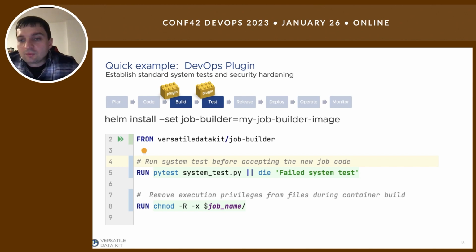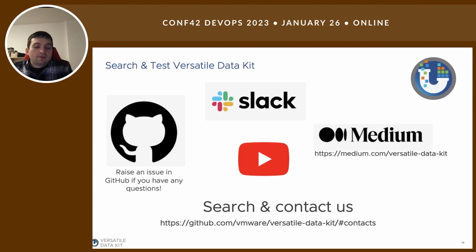Or we want to make sure that no job can execute arbitrary files, so we remove all execution privileges. And that's very easy. It's a pretty simple Docker image, which can be configured when installing the Versatile Data Kit control service. That's our intro into Versatile Data Kit.